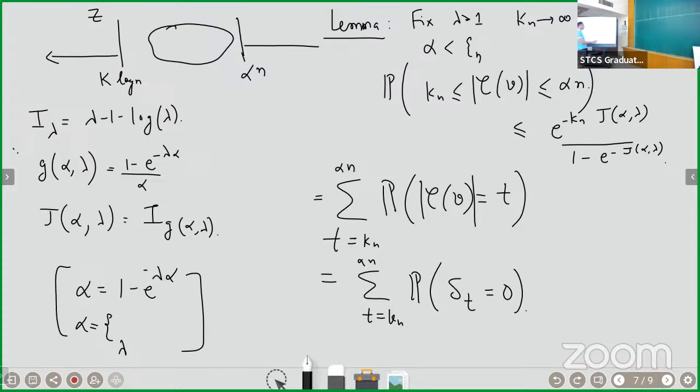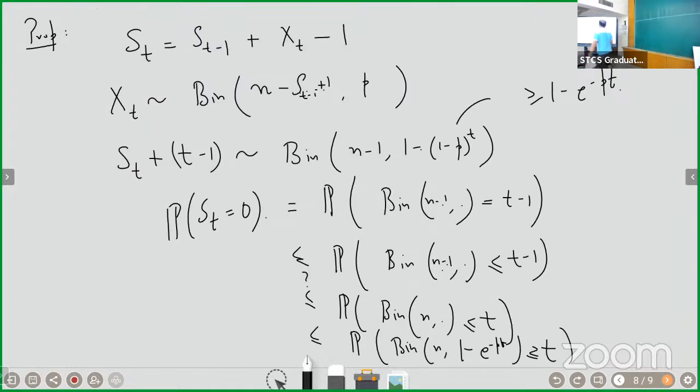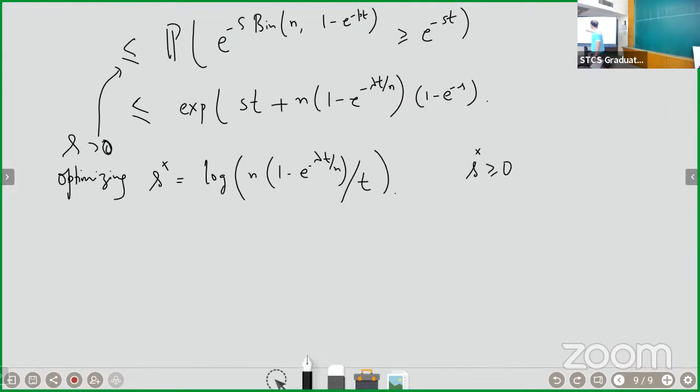Here this equation is simply showing up with e to the minus. You should think of t by n as alpha. So again, this is that s star is greater than 0.